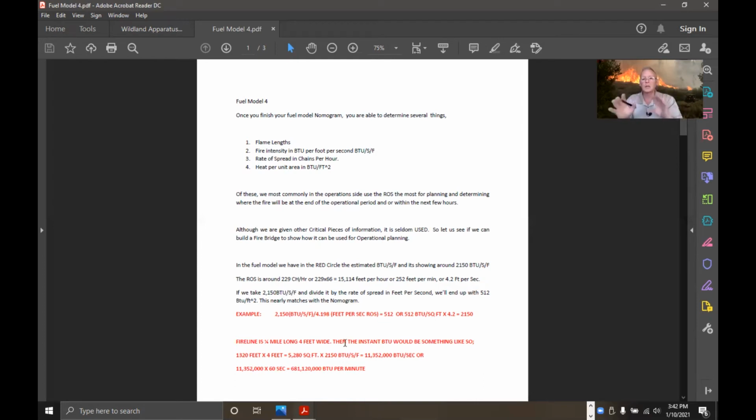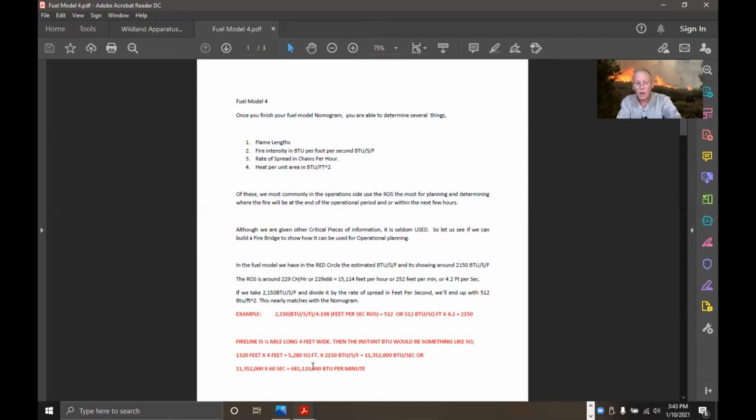So now, how does this equate? And now we're going to construct that bridge and show you how this could work or should work in the actual field. Okay. So if our fire line is a quarter mile long, 1,320 feet, and it's 4 feet wide, then the instant BTU would look like this. 1,320 times 4 feet, okay? That's your area. You've got 5,280 square feet, okay? So you multiply that by your BTU per foot per second, okay?